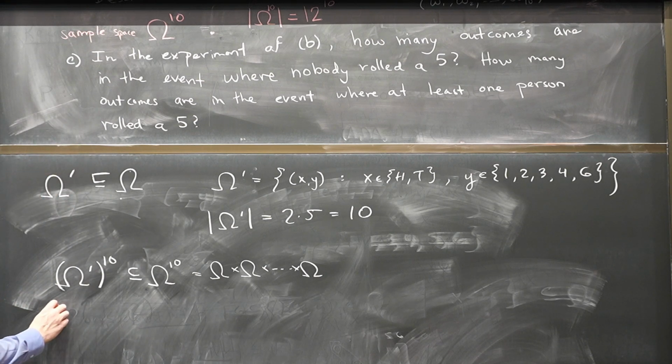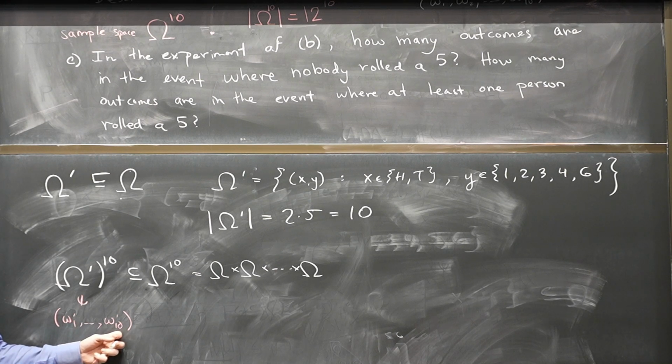So an element of omega prime to the power 10 is a tuple omega 1 through omega 10, where each of these elements belongs to omega prime.